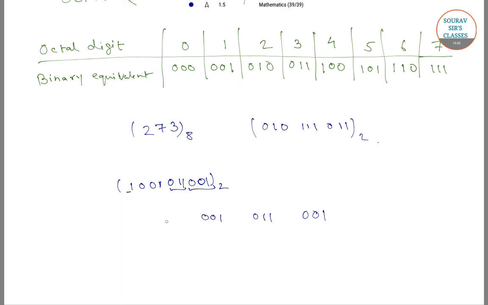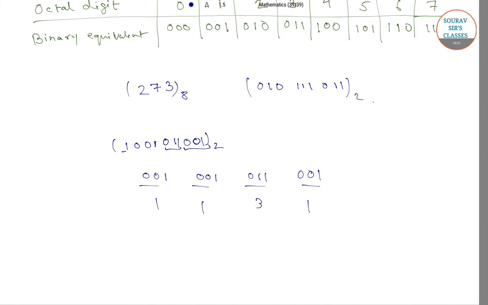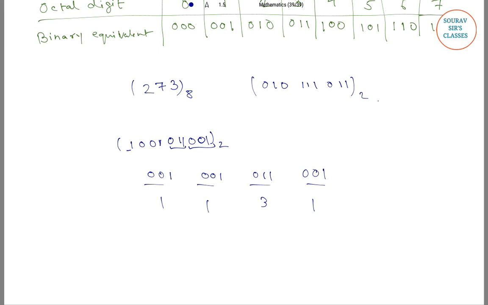If we are left with fewer than three digits, we add zeros on the left to make it a triplet. Now 001 is 1, 011 is 3, again 001 is 1, and 1. So its octal equivalent is 1131 base 8.